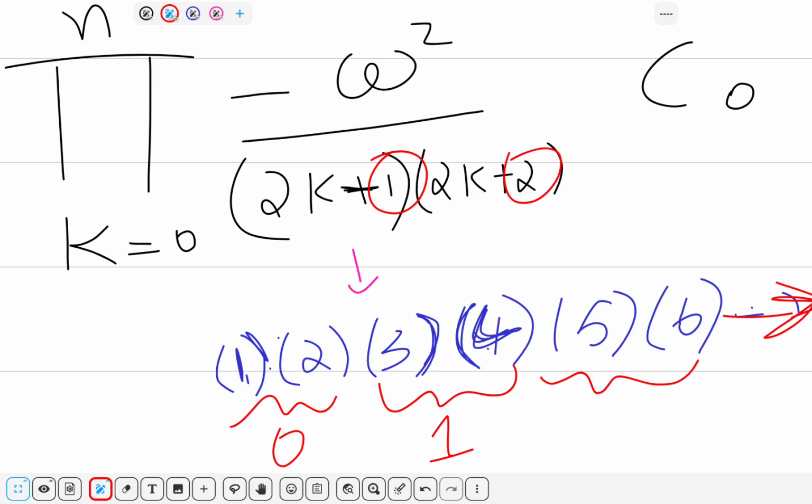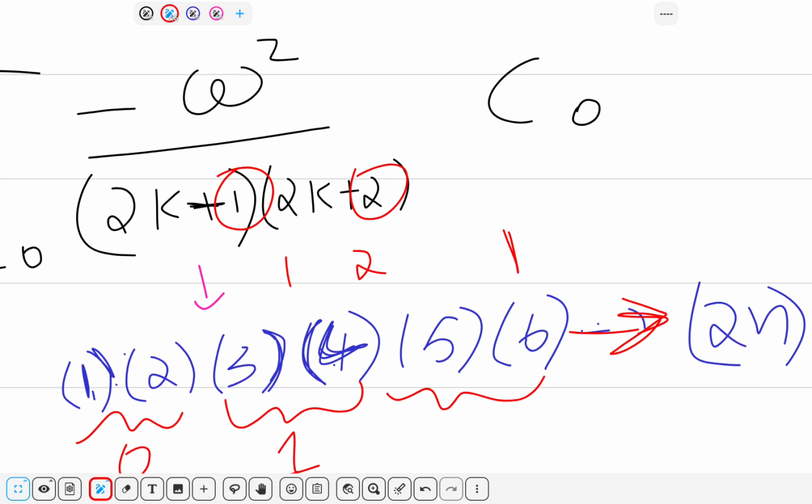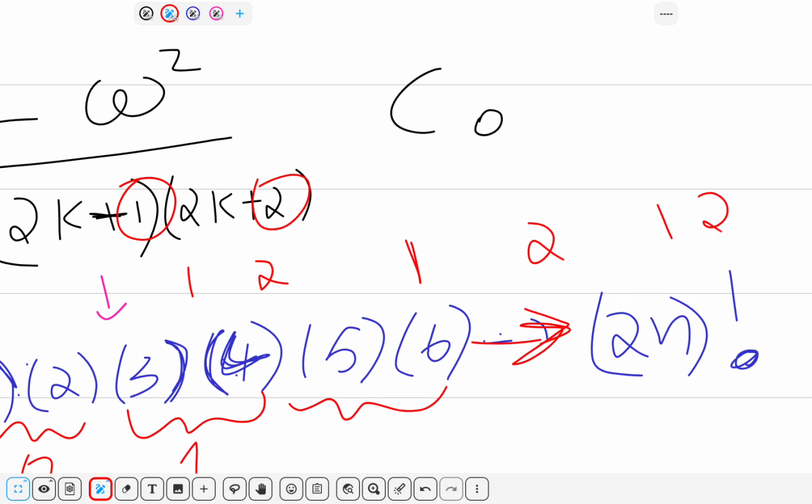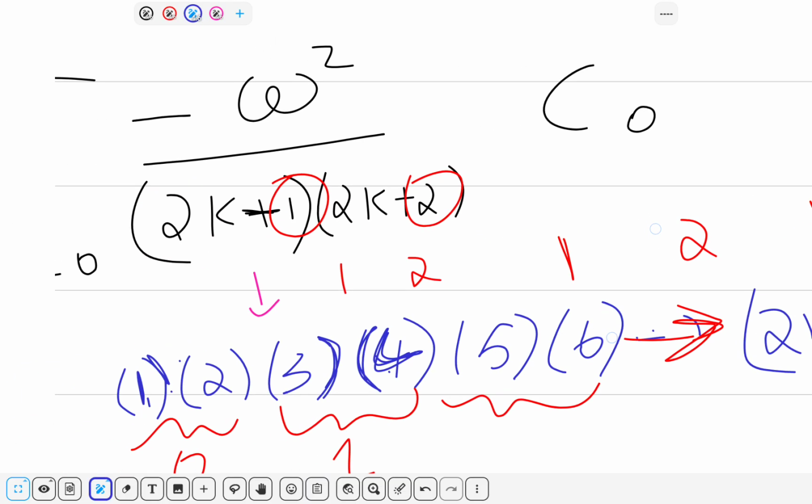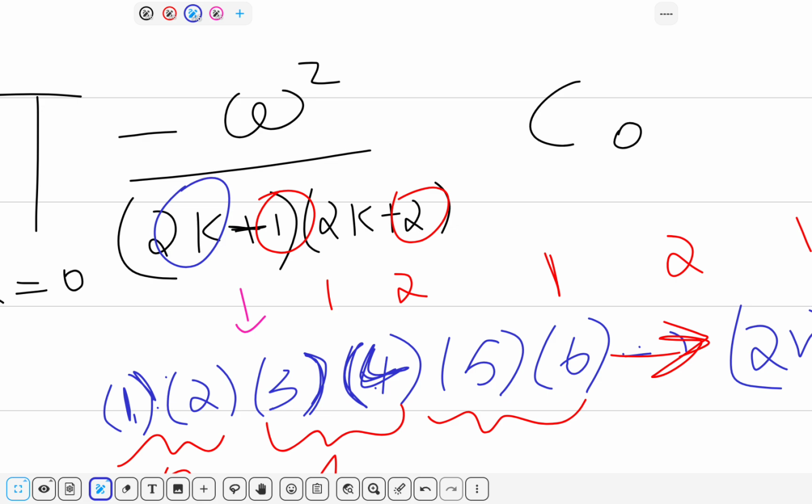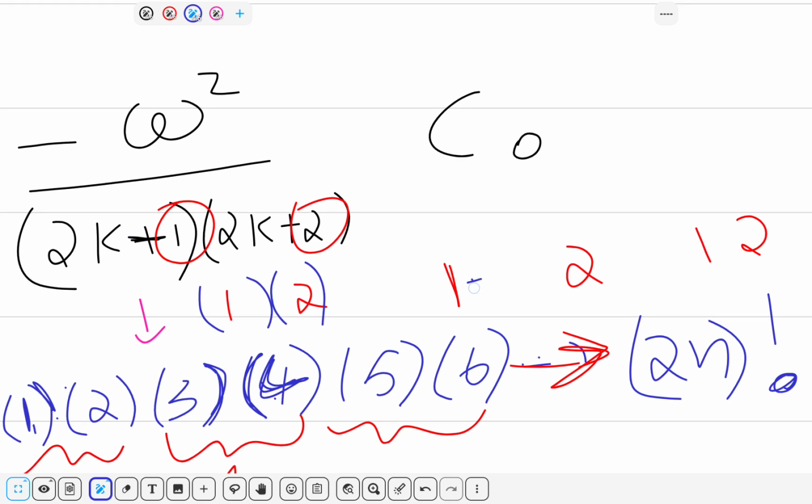So 1 2 is there, right? Every time there is 1 2, 1 2, 1 2, and you're just getting numbers jumped by 2 steps with products every time. So here it will be as it is, but here what will happen is you will just jump 2 steps.